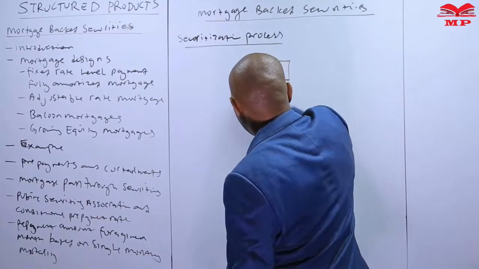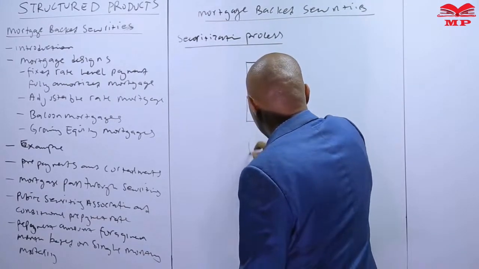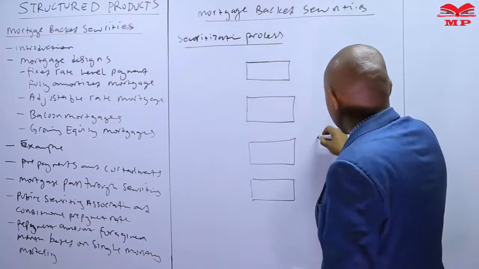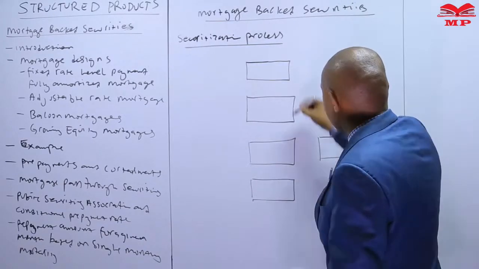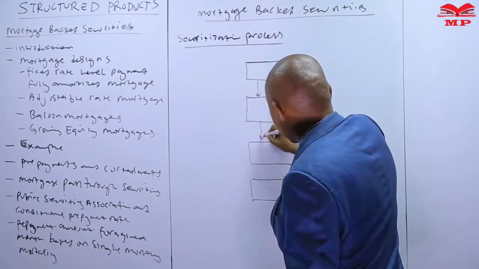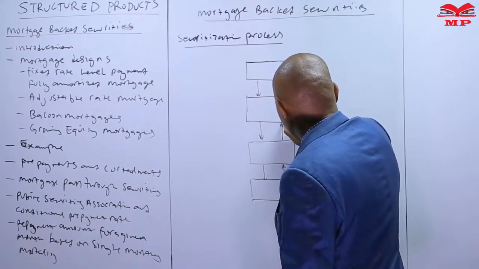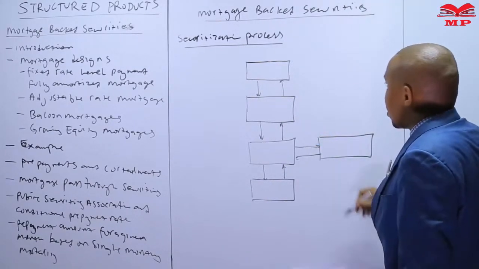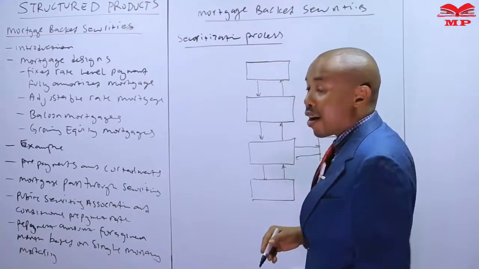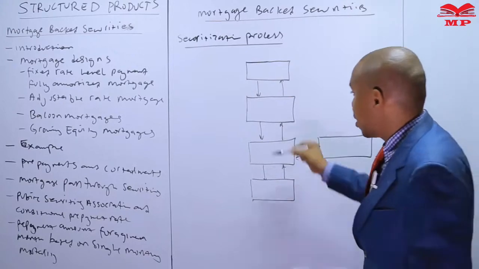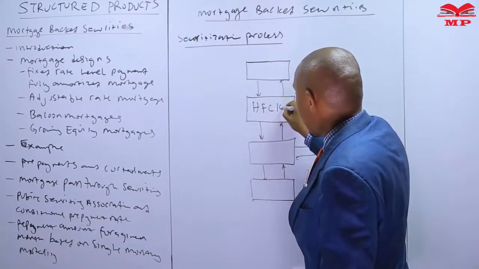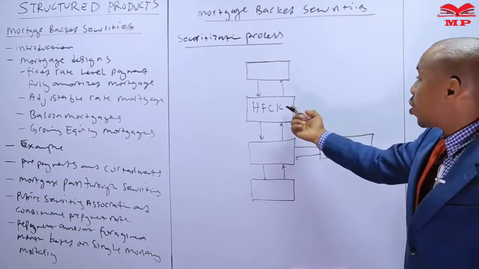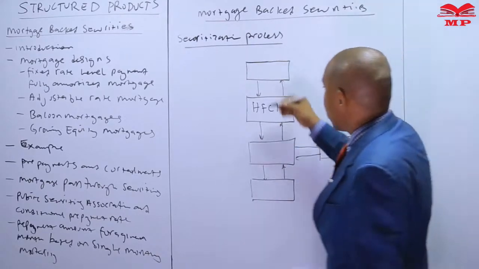We have a set of rectangles like that, and of course we have arrows indicating movement. Here we have, for example, an institution such as HFCK, Housing Finance Company of Kenya. It is in the business of issuing mortgages to what we can call mortgagees.